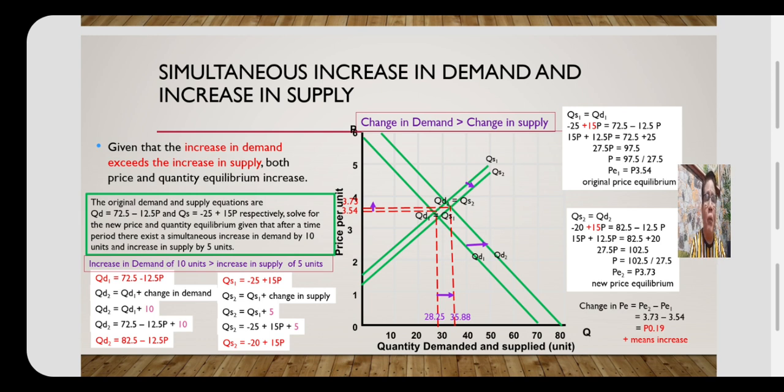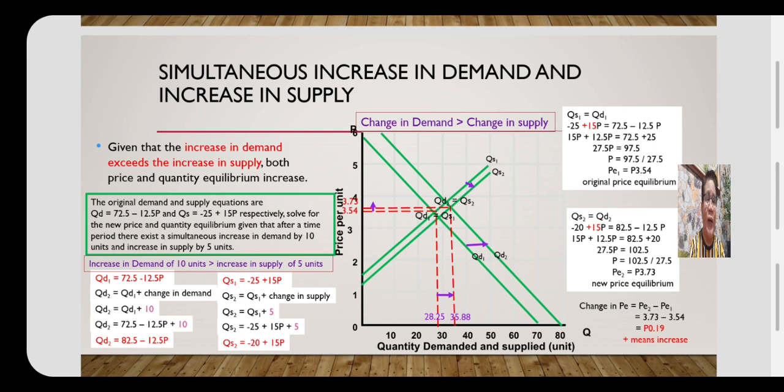So again, because of the increase in both the demand and supply, and given that the increase in demand is greater than the increase in supply, there will be an increase in price equilibrium. So price equilibrium increased because of the increase in quantity, or rather increase in demand.